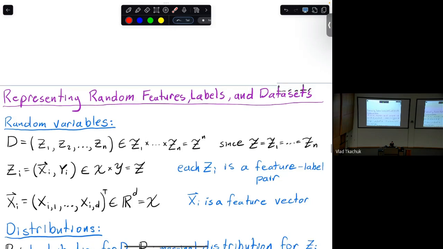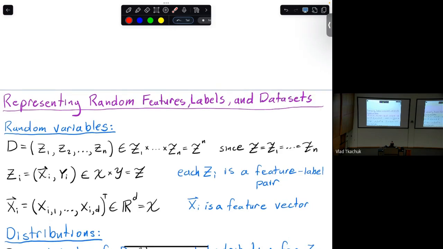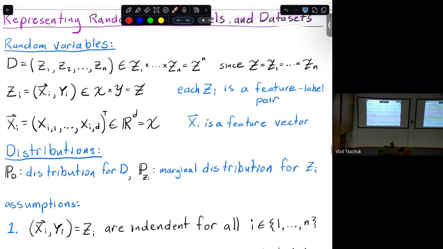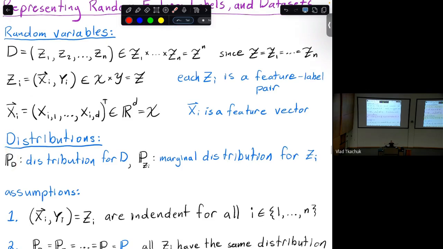Okay, are there any questions about that? All I've done is write the data set as a giant tuple of random variables, where you can think of each Z as a feature label pair, and each one of those feature label pairs is itself a multivariate random variable. Obviously each one of these has distributions that we can talk about, that we've seen above. The data set itself has a giant joint distribution, which I'm going to denote by P of D. That's the distribution of the data set.